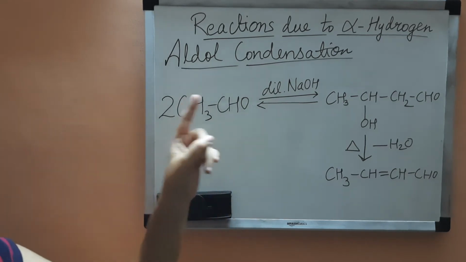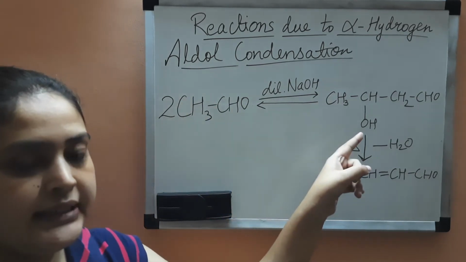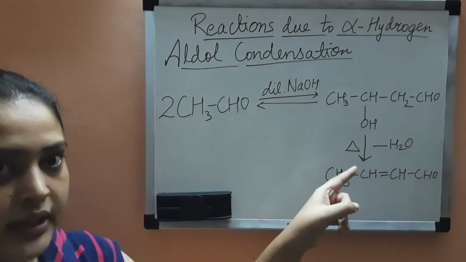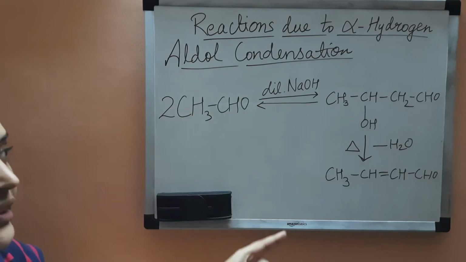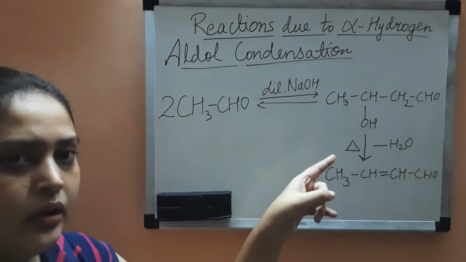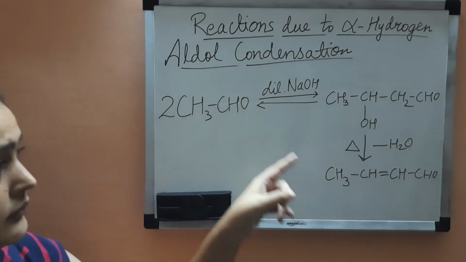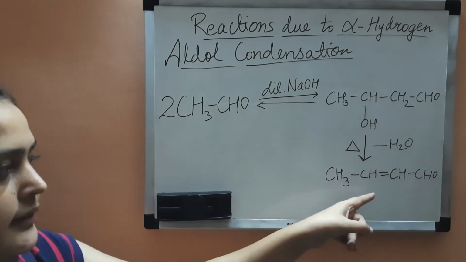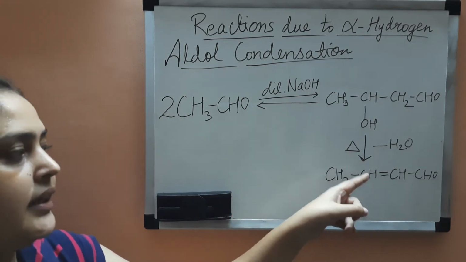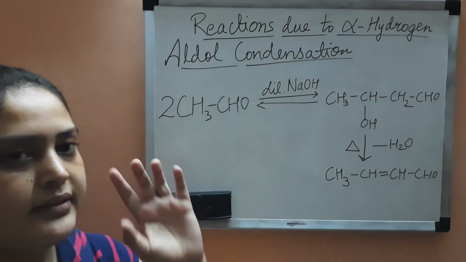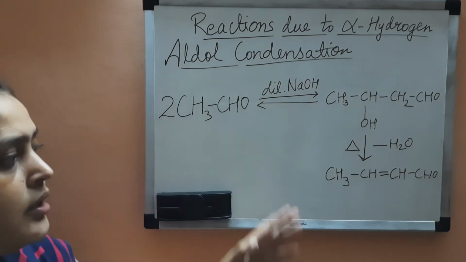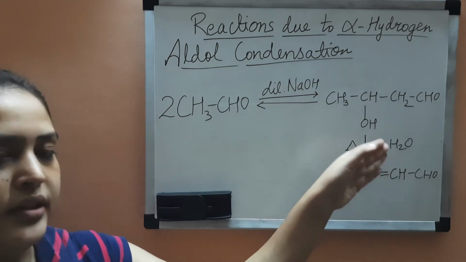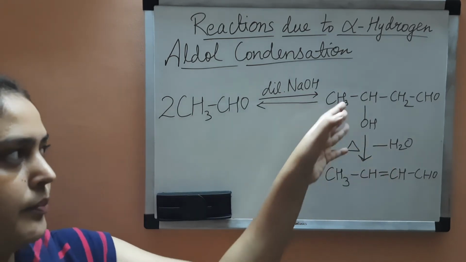Then you will get a beta hydroxy aldehyde or beta hydroxy ketone, and the general name given to them is aldol or ketol. Then you heat the solution and you will get the aldol condensation product, in which there is the aldehyde group and also a carbon-carbon double bond, because H2O is removed from the compound.